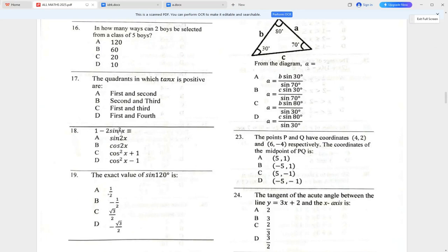Question 18: 1 minus 2 sine squared x is the same as... To solve this, we need to know there are 2 trigonometric identities.